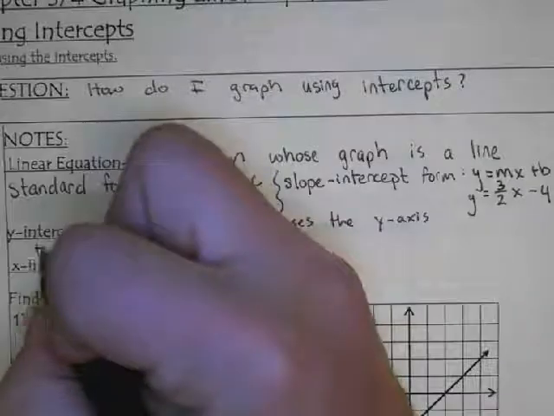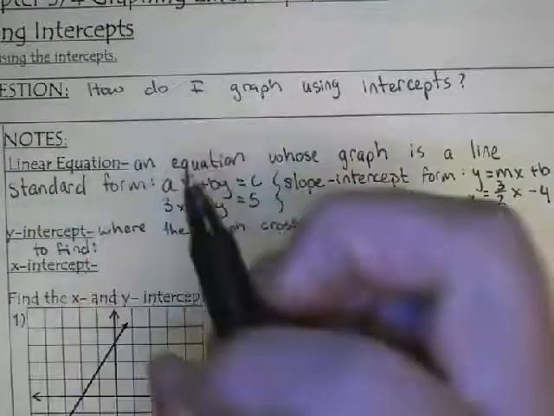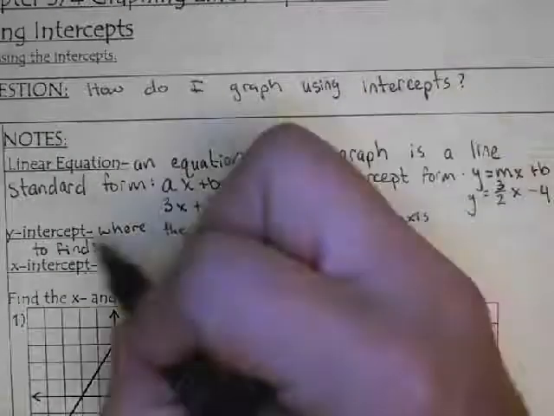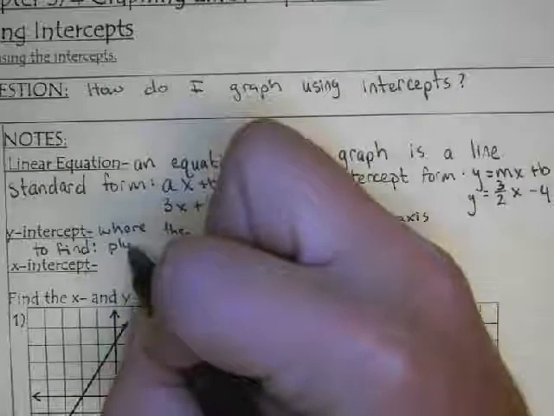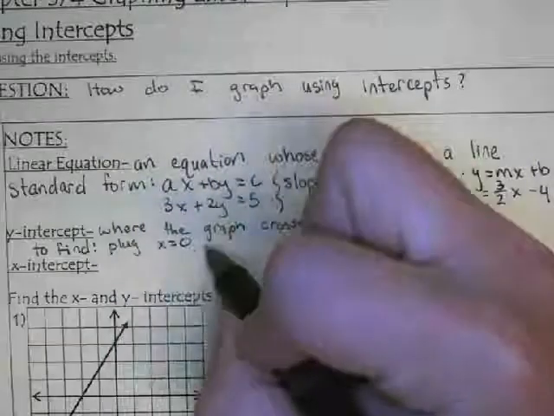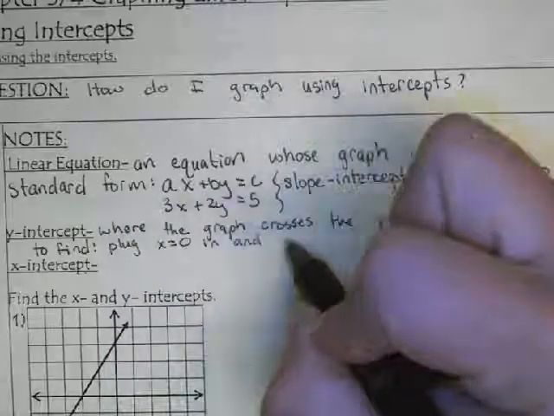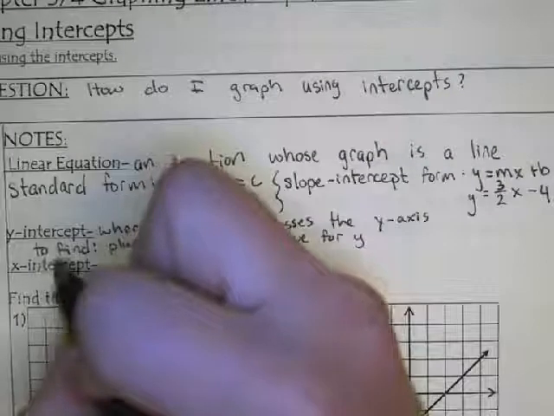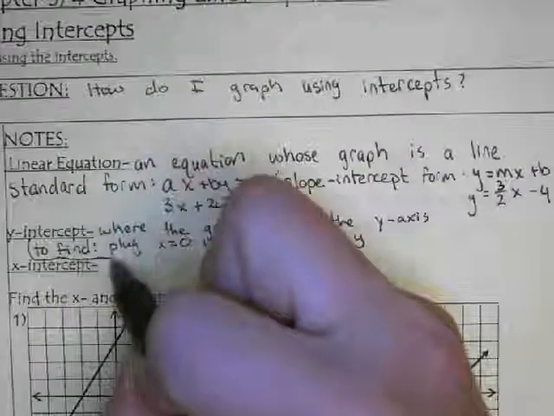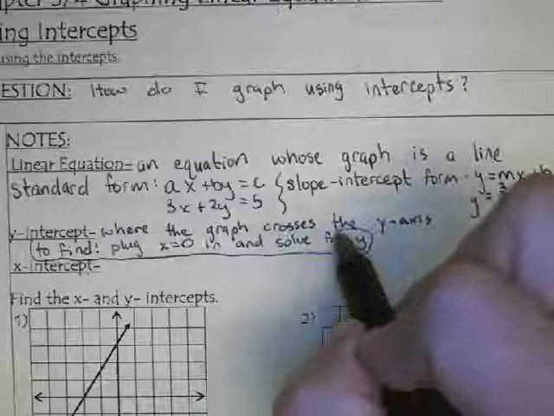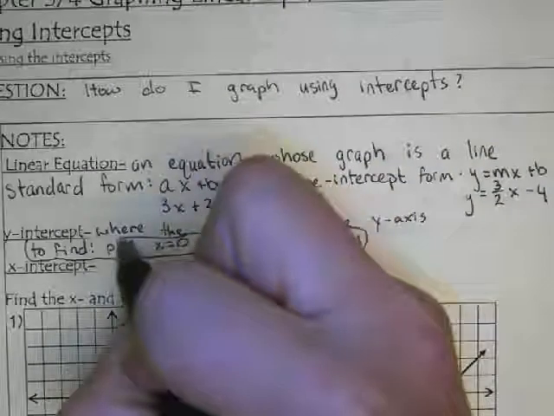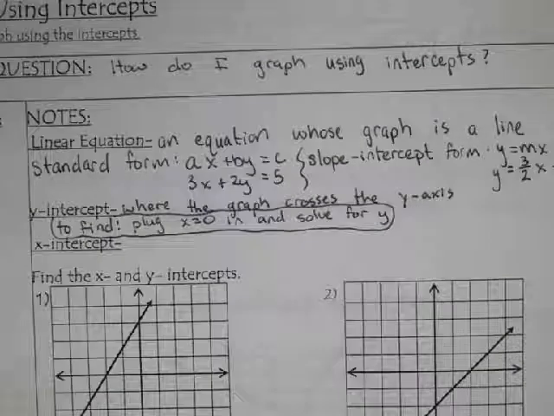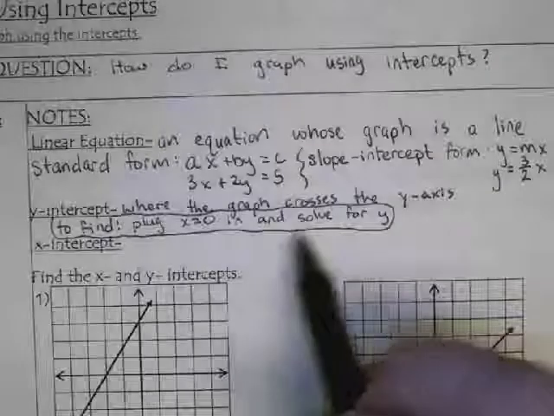And to find a y-intercept, plug x equals 0 in and solve for y. This is the big piece right here. This might be something worth highlighting. So to find a y-intercept, we plug x equals 0 into our equation, and then we solve for y.